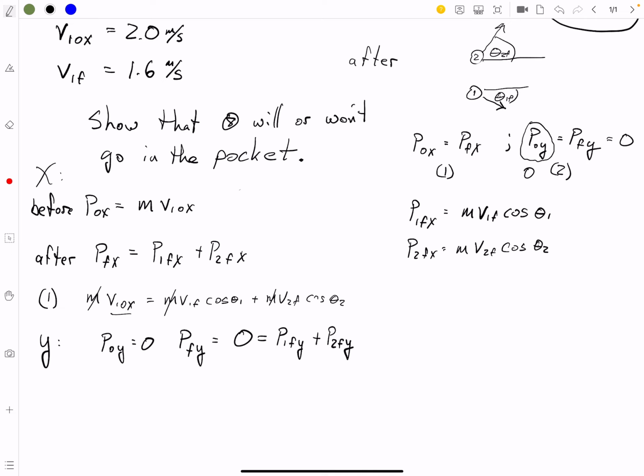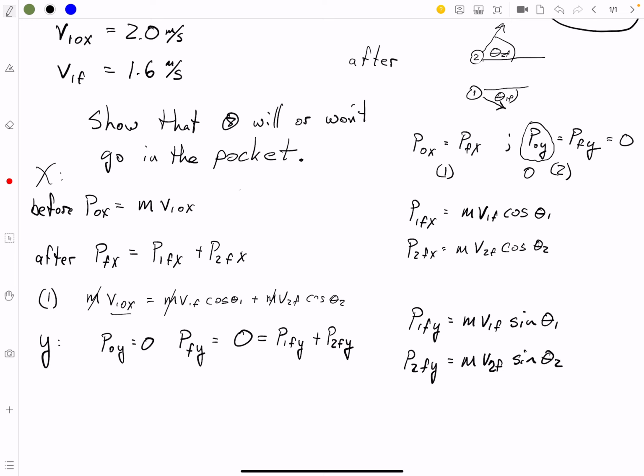And now we have to write out what those are. p1 final y is equal to m v1 final sine of theta 1, p2 final y is equal to m times v2 final times the sine of theta 2.